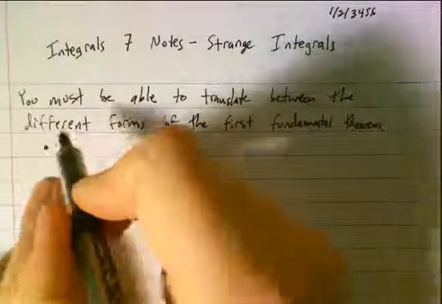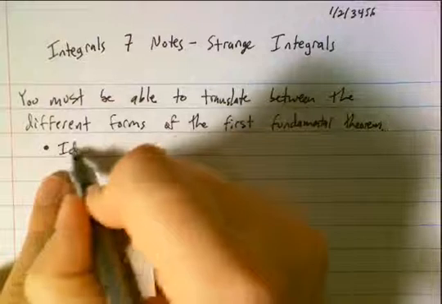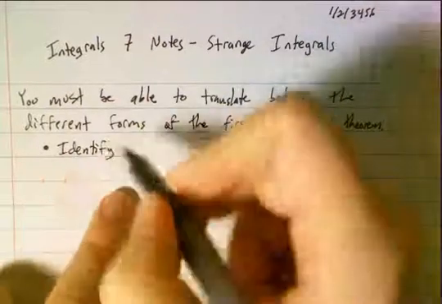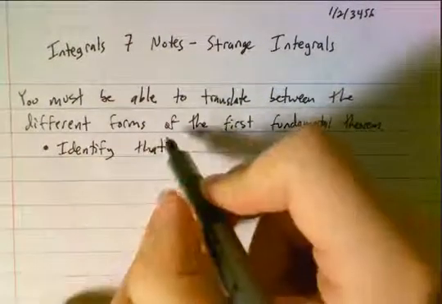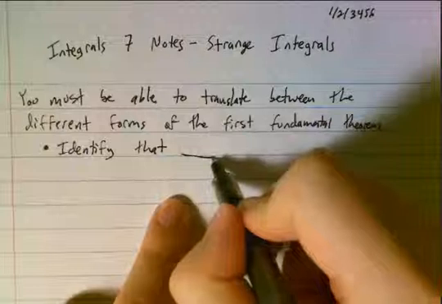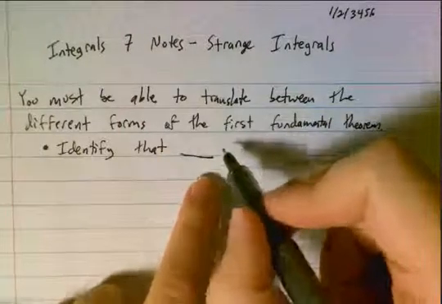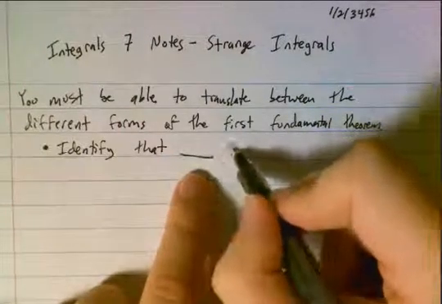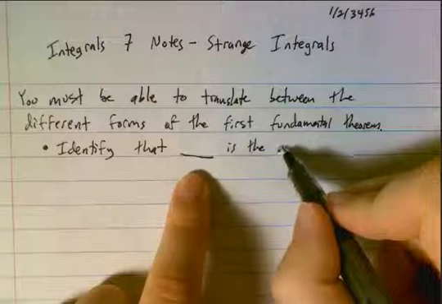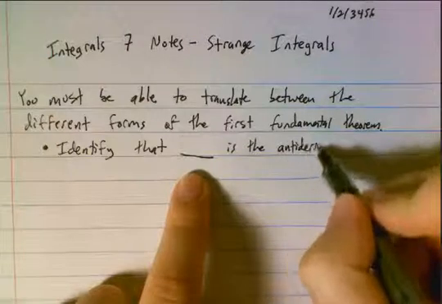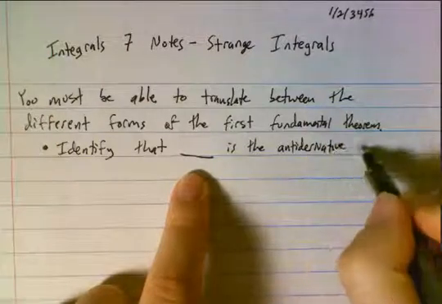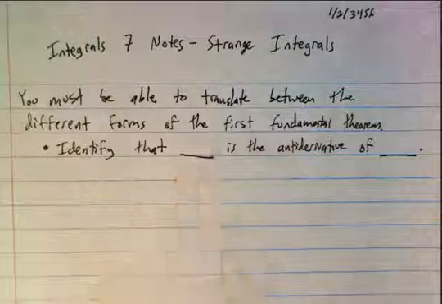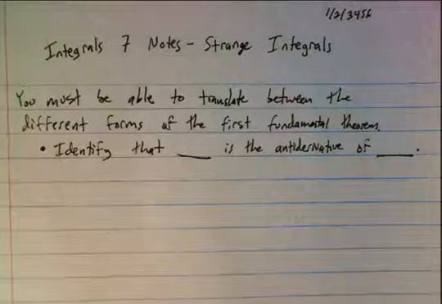First, you have to be able to identify that one function, it can be a number of different ways that it can be written, that it's the antiderivative of another function. And this can be told to you in several different ways.